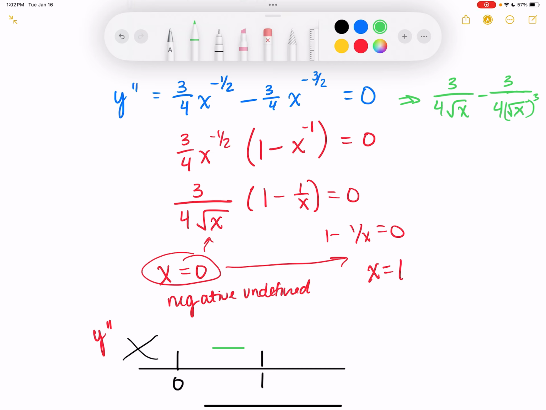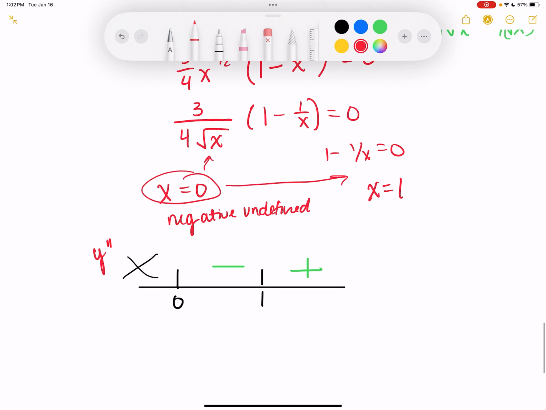Positive. Life would have actually been a little easier if we'd used 1/4 instead of 1/2. Square root of 1/4 would have been 1/2. Would have been a little easier to work with. But anyways. Okay, so concavity changes.